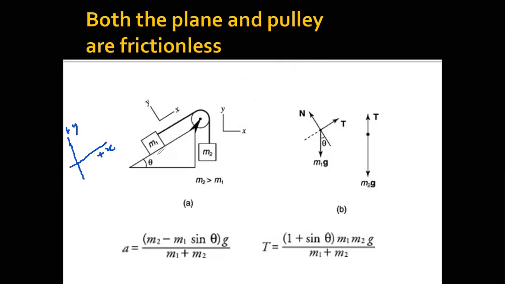Now moving on. If you look at this mass here, the weight of the mass will always come down, as we are aware. So that will be W1. And then the normal reaction will always act at 90 degrees to the surface. So you have your R or your N at 90 degrees.